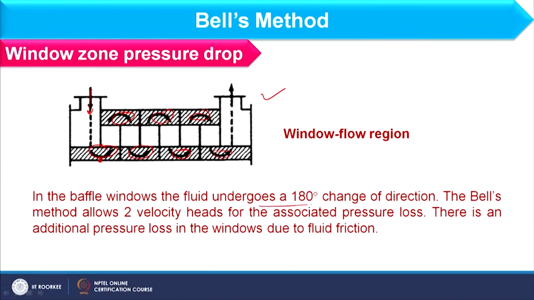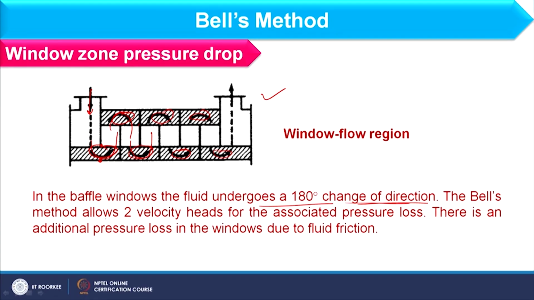You can count how many window zones fall from the inlet to the exit nozzle on the shell side. In baffle windows the fluid undergoes a 180-degree change in direction, basically like a U tube, a complete reversal of the flow.